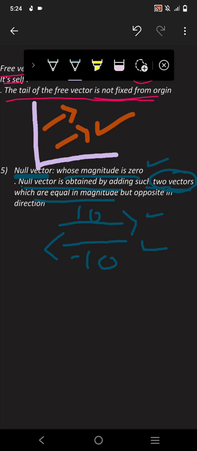We have to add two vectors which are equal in magnitude. This is 10 and this is also 10, but opposite in direction. Here one vector is going in this direction, another is going in this direction. Alright, so how are we going to prove it?